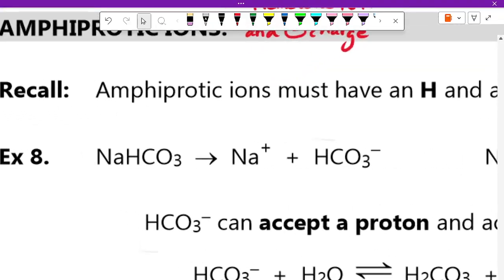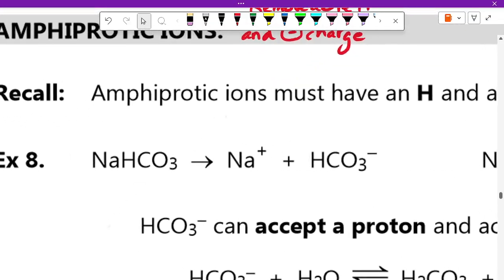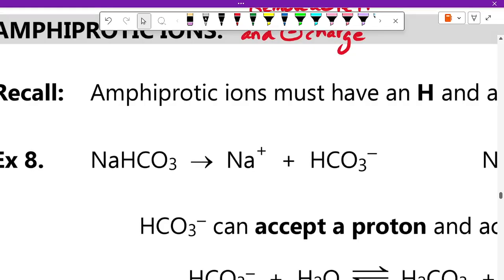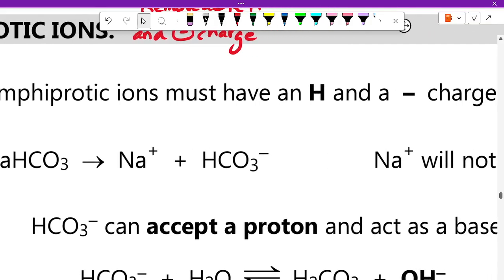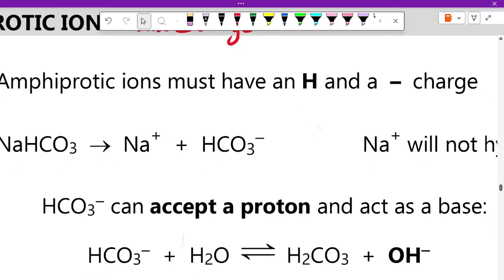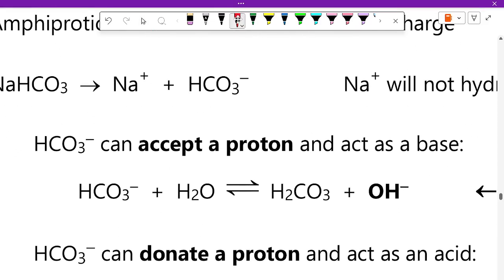So here we have sodium bicarbonate. Na+. Can Na+ hydrolyze? No, it's not fluffy creepy, nor is it ammonium. But we have HCO3-. Now HCO3- can accept a proton and act as a base, and in that case it becomes H2CO3 plus OH-.